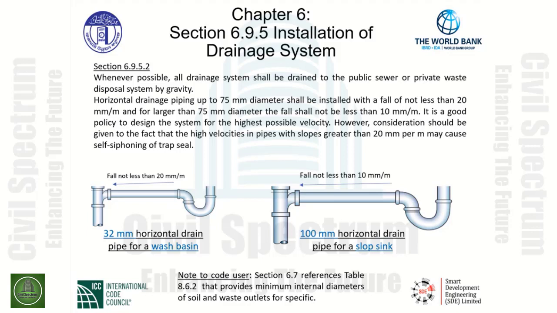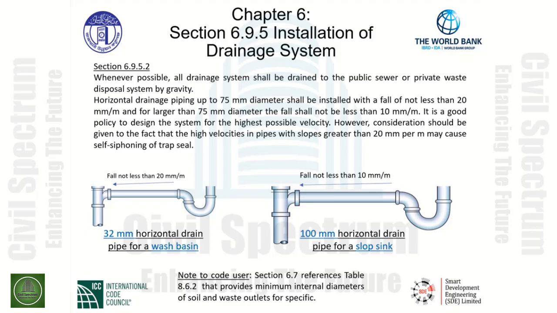Even at higher velocities, if we carry solids suspended within our drainage piping, we need to make sure that the solids do not drop out of suspension due to steep slopes, which one may think is better in a drainage system, and cause blockages.